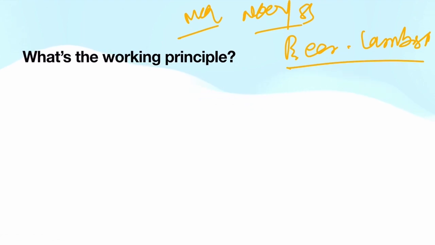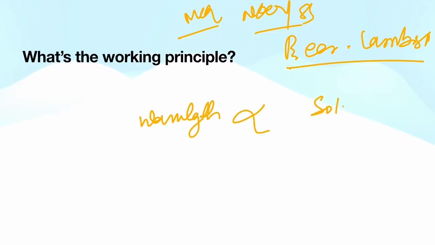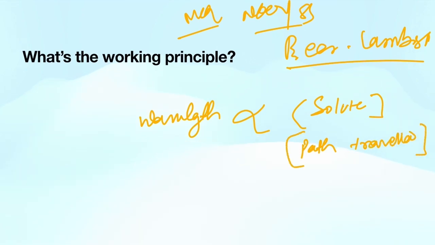It simply says absorption of a light or a wavelength is directly proportional to the solute concentration and the path traveled through the medium.